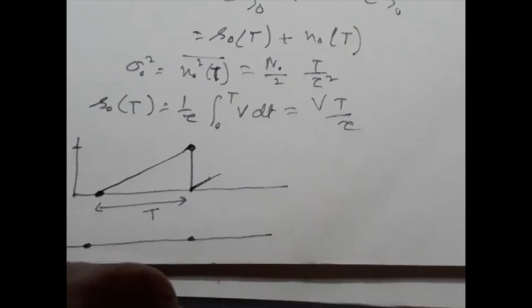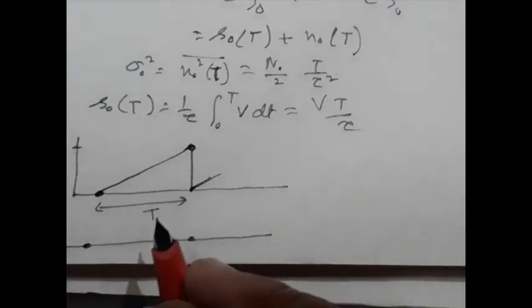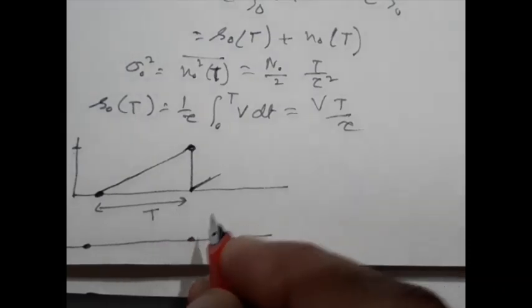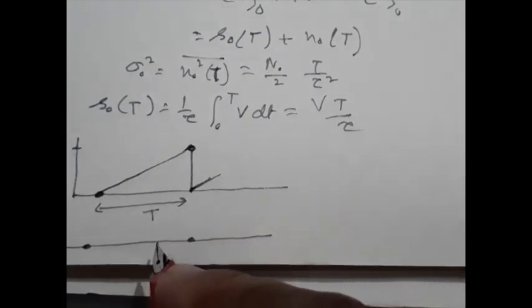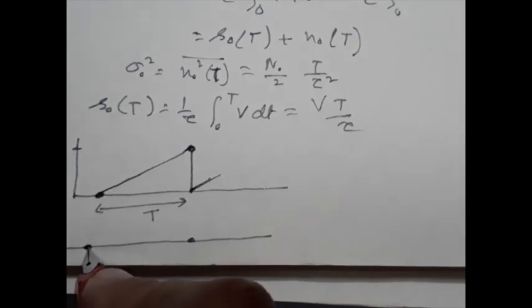This is the N0(T). It will also start from 0 because the dump switch is closed, so the capacitor will not carry any charge, so it will start from 0 again.